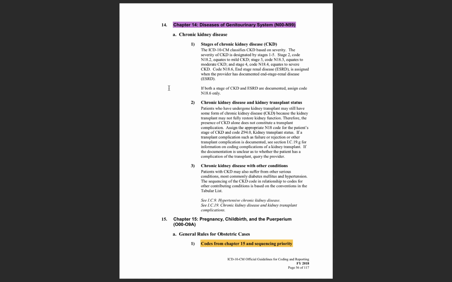Stage 3, code N18.3, equates to moderate CKD. And stage 4, code N18.4, and this equates to severe CKD. Code N18.6 is end-stage renal disease, which is ESRD. That's a good acronym to write down. If both a stage of CKD and end-stage renal disease are documented, you should only code the end-stage renal disease.